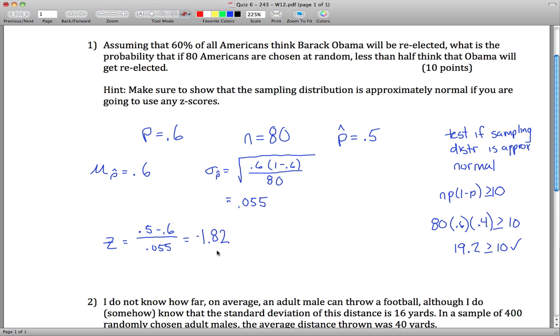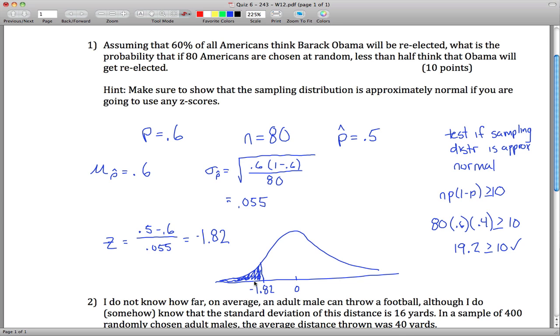And if you know that z is negative 1.82, you can go to your tables. Let's see, maybe I'll draw a picture. There's a pretty poor drawing of my standard normal. I have z is negative 1.82 down here. And what I want to know is the probability that we're less than that. What is the area of that shaded region?